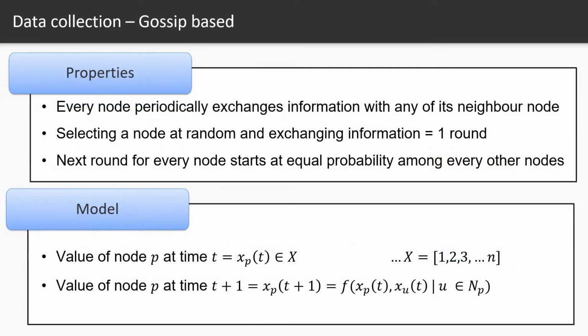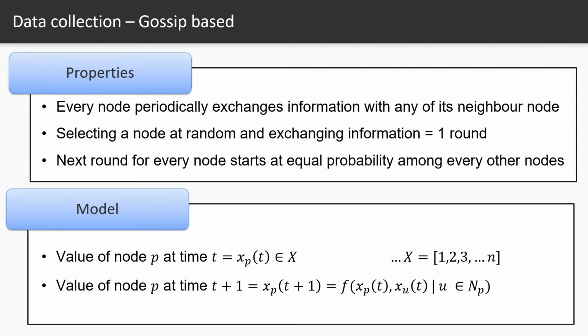Looking at the properties of this algorithm, every node periodically exchanges information with any of its neighbor nodes. Selecting a node at random and exchanging the information equals one round. The next round for every node starts with equal probability among every other node. So all nodes get an equal chance of participating in a gossip event.